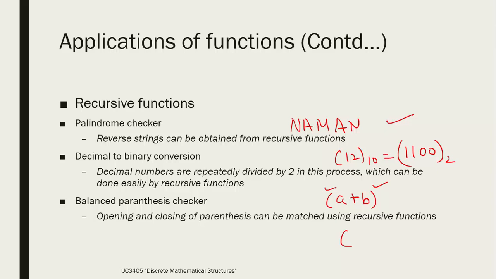But in the expression (c + d) * e), the number of opening and closing parentheses is not matching, so this is not a valid expression. For all these and many other applications, we can use recursive functions.